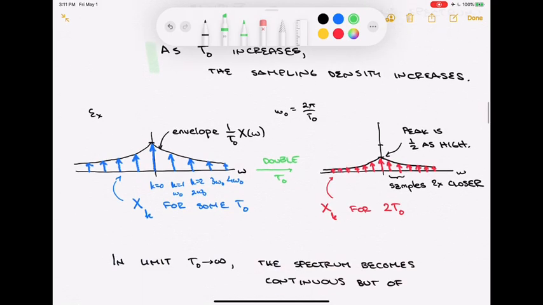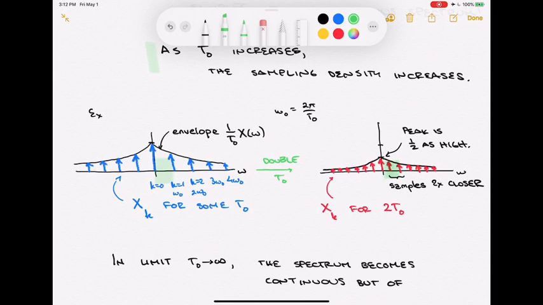If you take a look over here, I had some interval width in frequency, however many rads per second that might have been, going from the DC to that first sample. When I come over here and look at this other graph, I'm going to see twice as many samples in that same interval, because I doubled the period, and that means I doubled the sampling density.